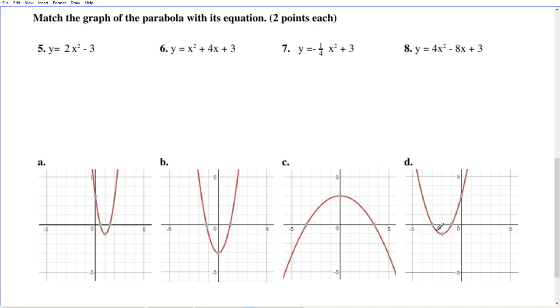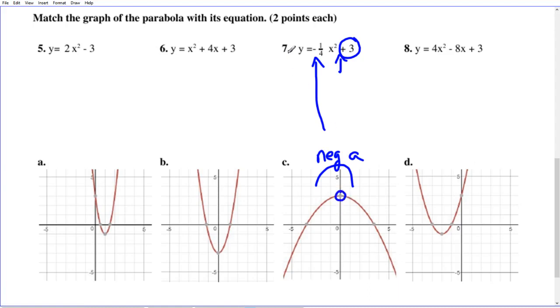Well, looking for differences. This graph here, letter C, is the only one that is n-shaped. So it should have a negative a value. That guy has a negative a value. Also, this is one of those basic functions. There's no b, which means this is your y-intercept. Actually, technically that's the y-intercept always. So this is crossing at 3.